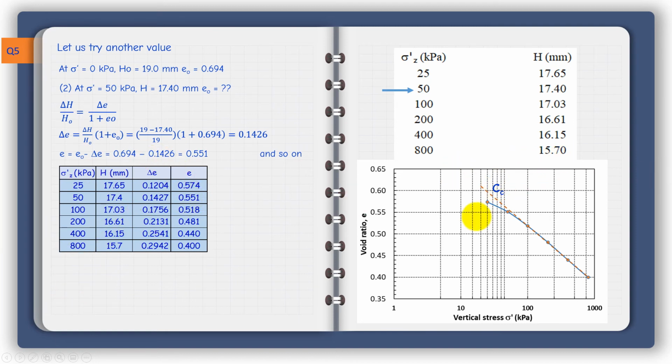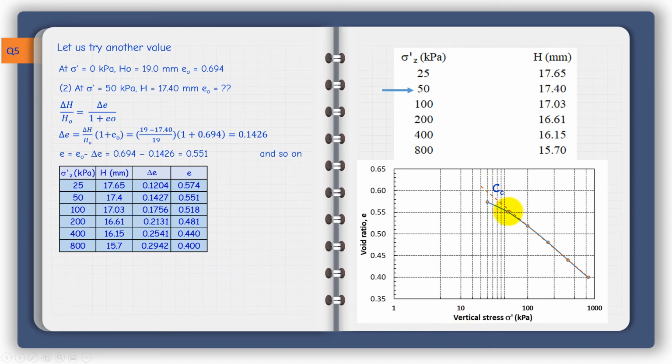Now I'm in a position actually to draw these values. So I can draw e versus sigma dash z. So I have these values here to a logarithmic scale, and I am in a position basically to determine the compression index. What is the compression index?